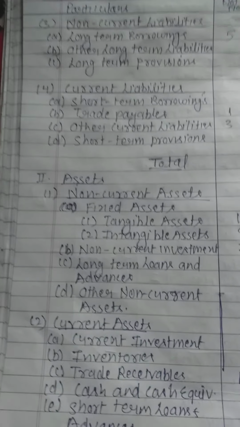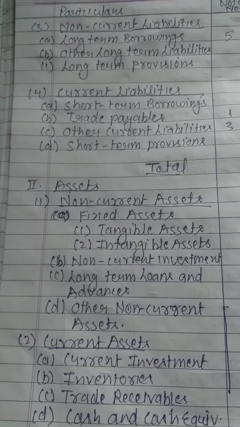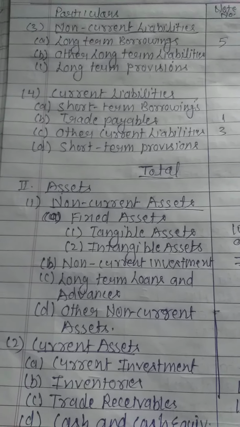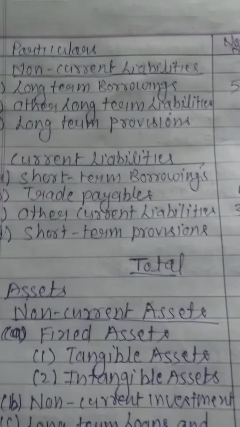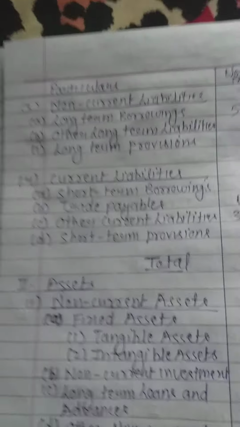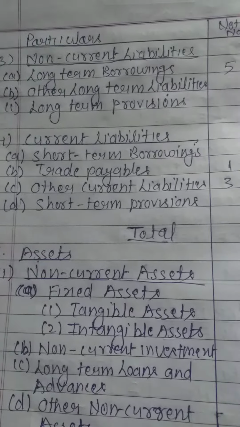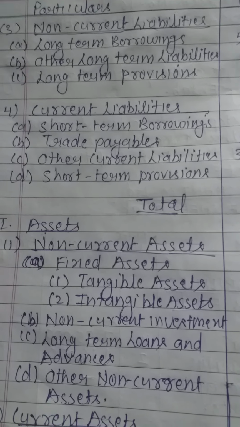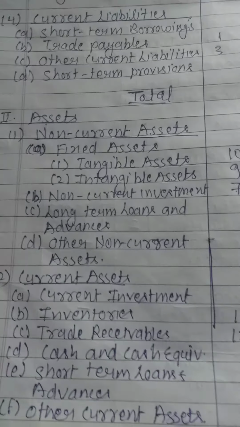Now, the fourth heading is current liabilities, under which 4 subheads are there: A, B, C, and D. The first one is short-term borrowings, second is trade payables, third is other current liabilities, and the fourth is short-term provisions. Then please write the total here.